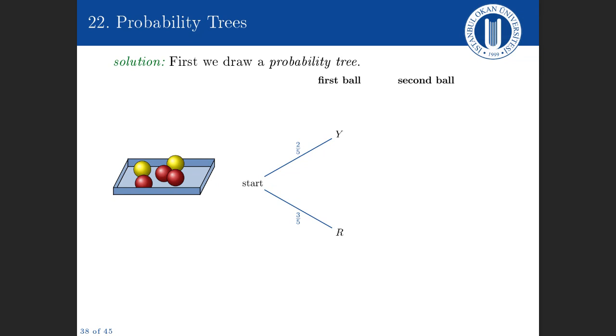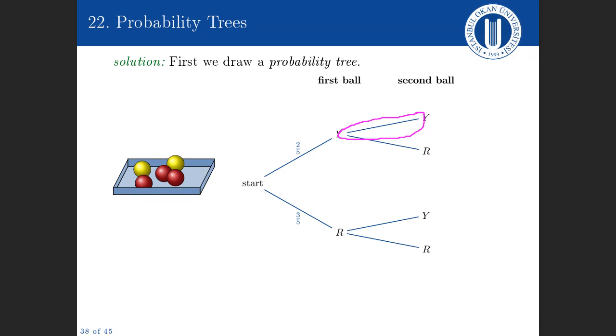And then we take a second ball out of the box. And the second ball can be either yellow or red. What are the probabilities of these parts of the probability tree? Let's look at this one first of all. So first we take a yellow ball out, and then there's 4 balls left in the box.